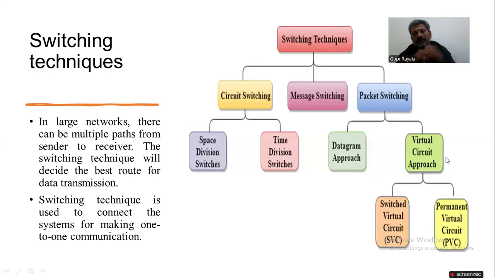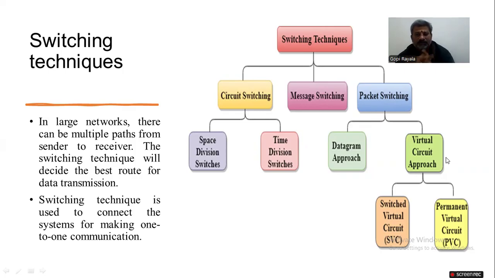If I'm speaking with somebody, that channel, that wire cannot be used by someone else. If someone else comes onto that road, he needs to wait until I finish that communication. That sort of thing may happen in large computer networks.